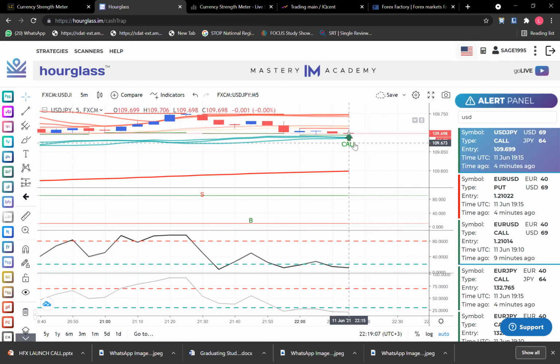Now, I don't know, do you guys understand how to use Cashtrap? Do you guys have any questions? Guys, please feel free. Do you guys understand how to take trades?